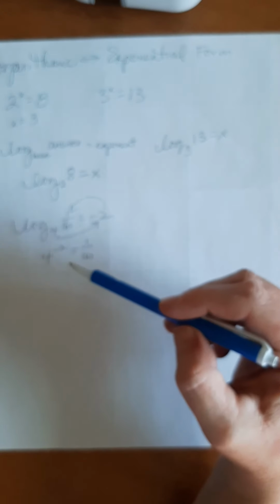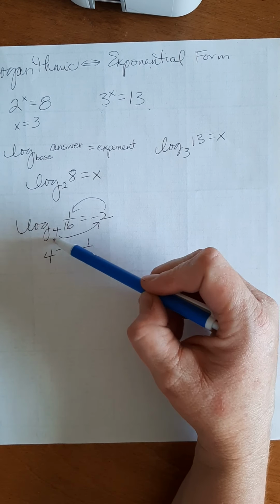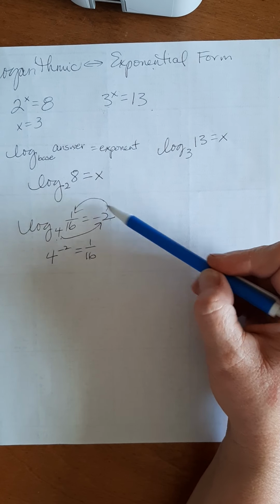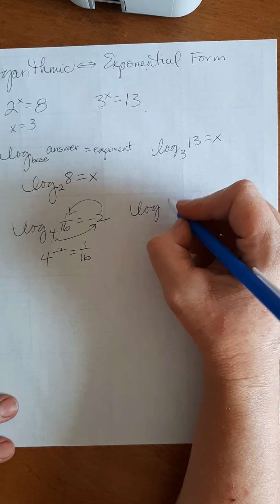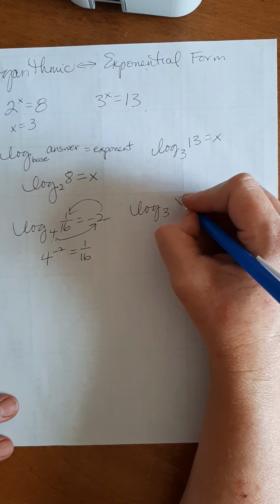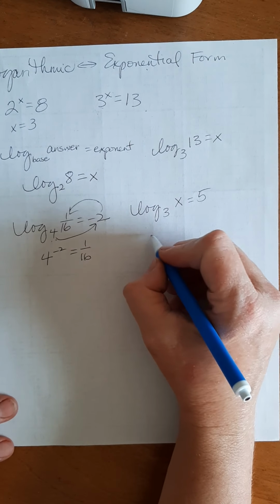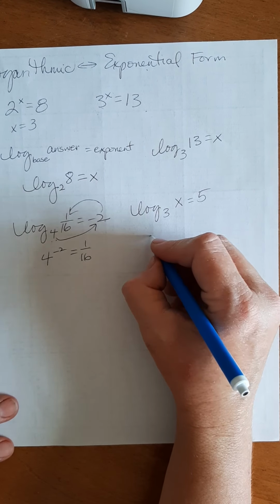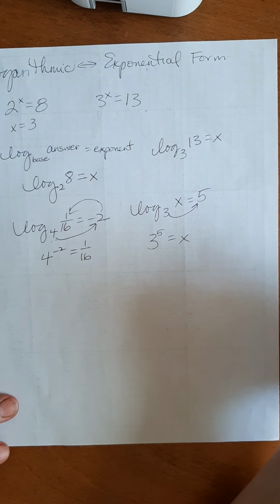To get it out of logarithmic form, you just circle. Base, there's your exponent, equals that. Even if it was log base 3 of, we'll just say x equals 5. If I said write this in exponential form, 3 to the 5th power equals x.